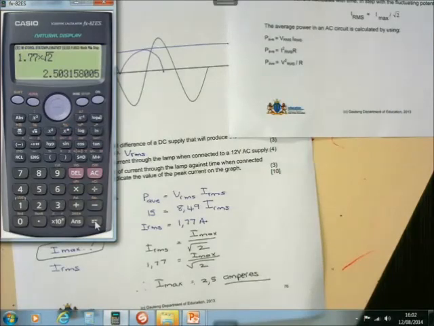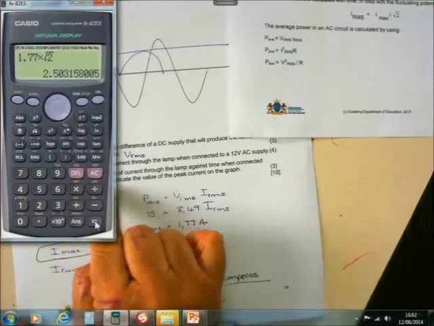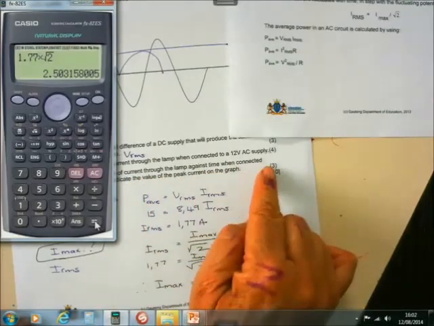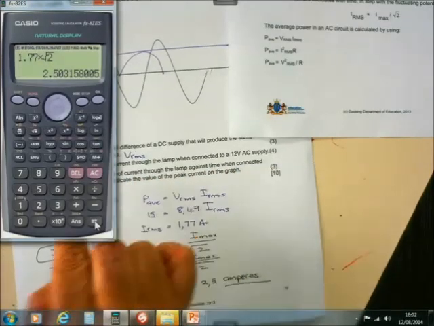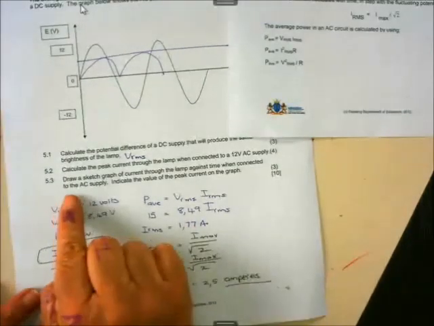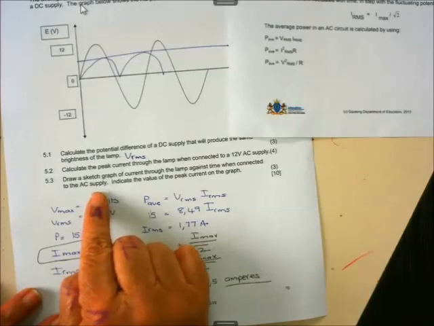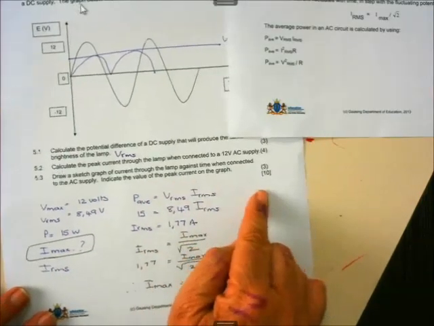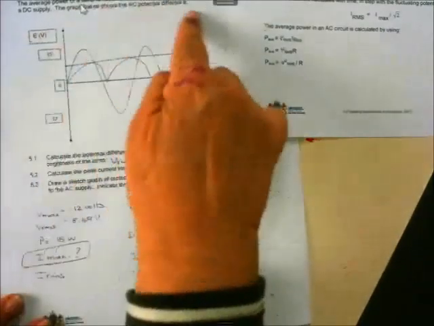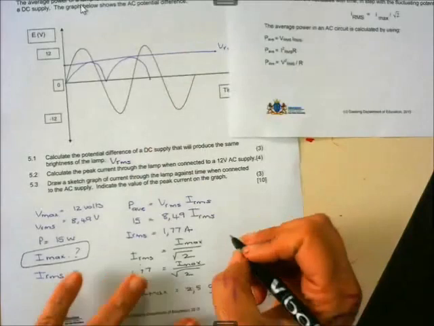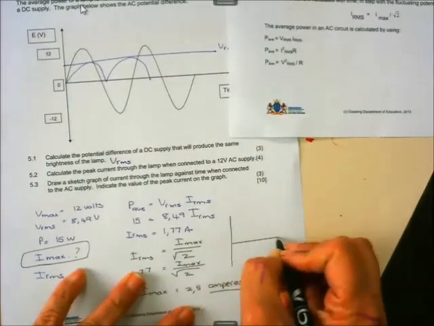Now, in the next question, they ask me to draw a sketch graph of current through the lamp against time when connected to an AC supply, and to indicate the values of peak current on the graph. Remember, this was a voltage-time graph. Now they want us to draw a current-time graph.